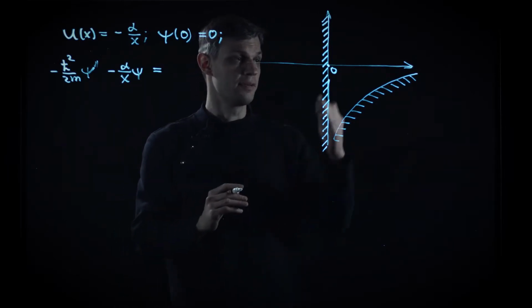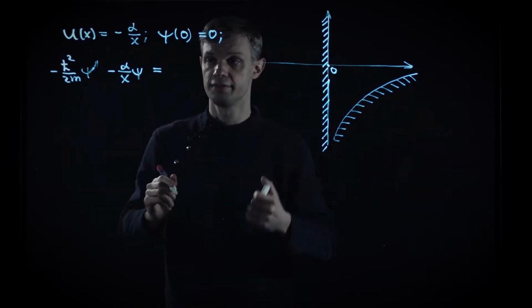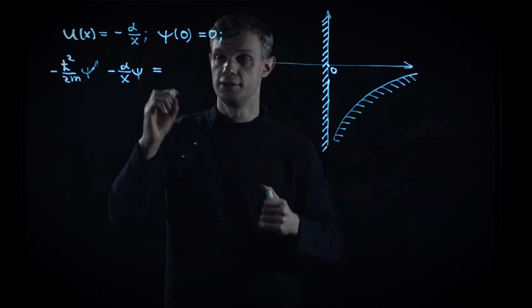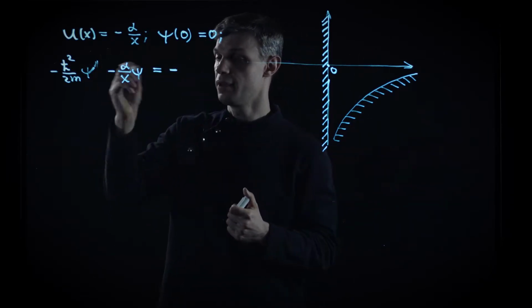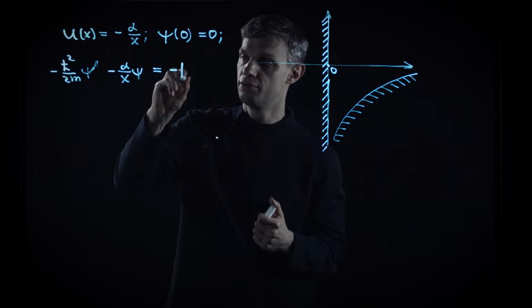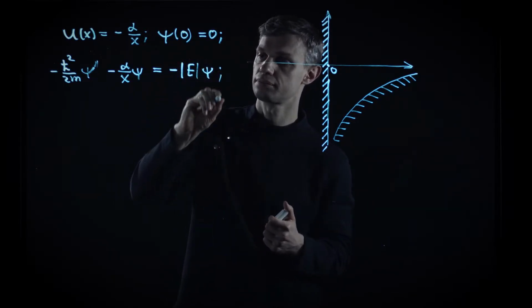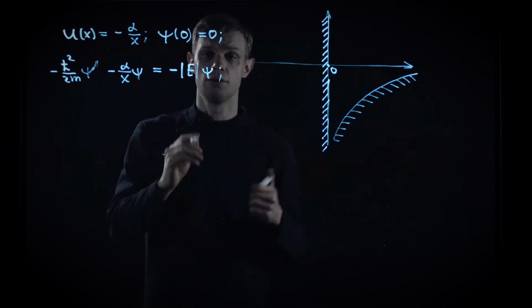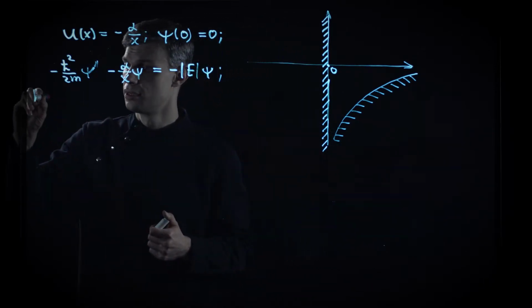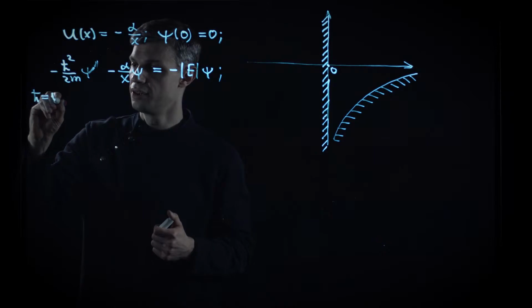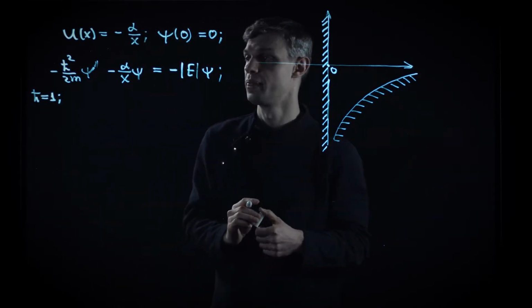Keeping in mind that we expect our energy to be negative, since we have a bounded wave function, we put it in the form minus modulus of E. In all the calculations, we put the reduced Planck's constant equal to 1.